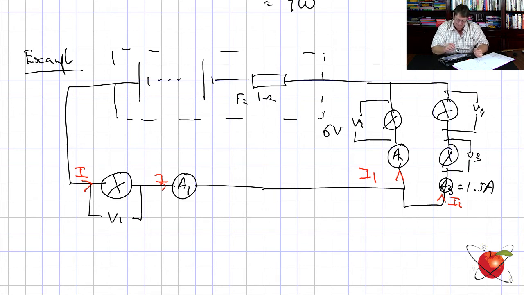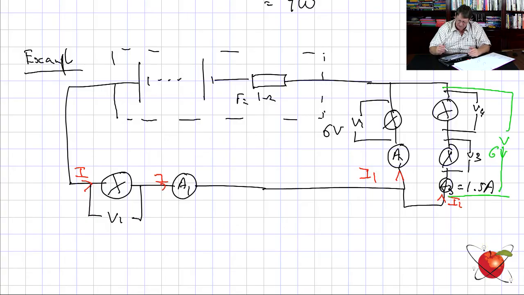What do I know? I know that the voltage over here is equal to 6 volts. Why? Because it's parallel, and the voltage over parallel branches is the same. Over here we've got a current splitter.